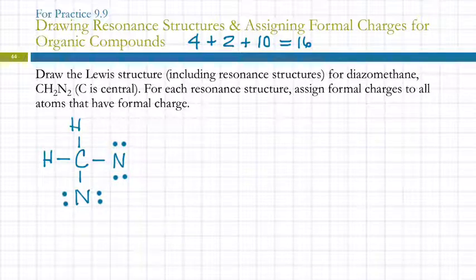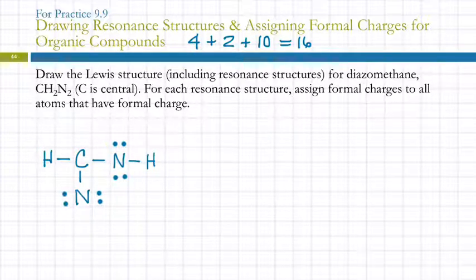Well, maybe we didn't connect the atoms correctly, because this obviously is just not working out at all. So carbon's in the middle, but does that necessarily mean that all of these have to be attached to the carbon? No. What if we put this hydrogen on one of the nitrogens? So I'm going to draw that over here.